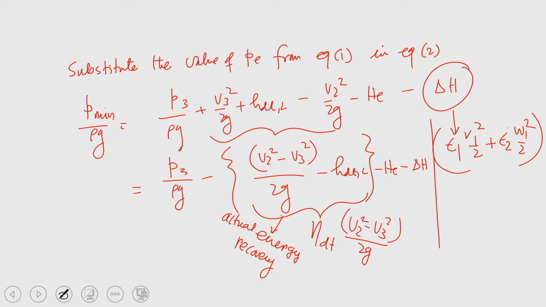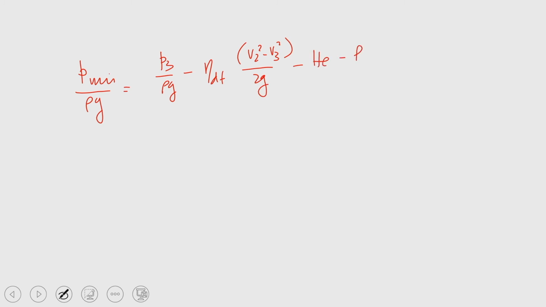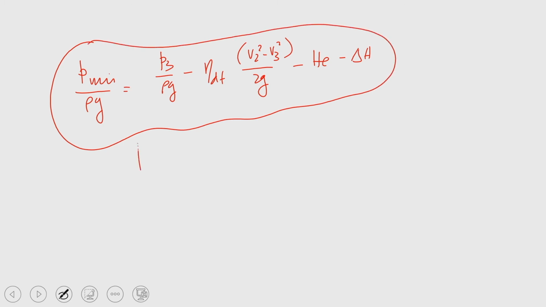Now we can write that P minimum by rho g equals P3 by rho g minus eta draft tube into V2 square minus V3 square by 2 g, minus H e, minus delta H. So, this is basically the energy balance in the suction side.